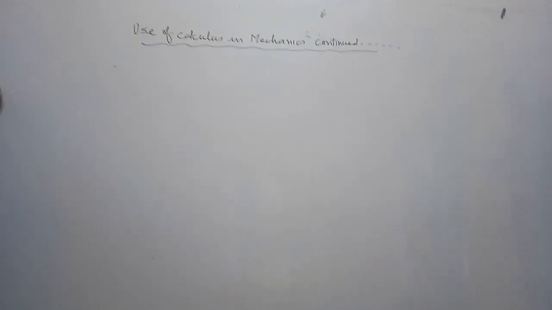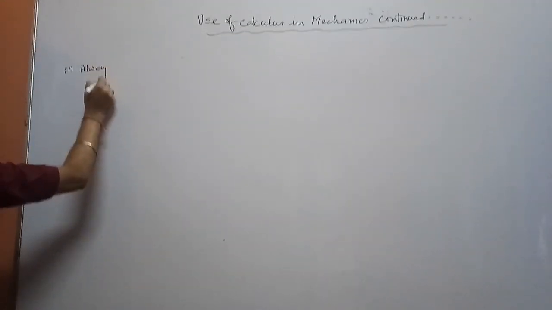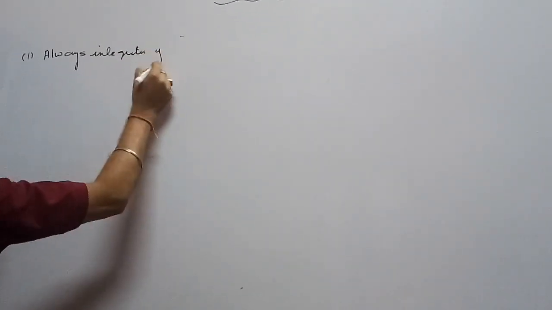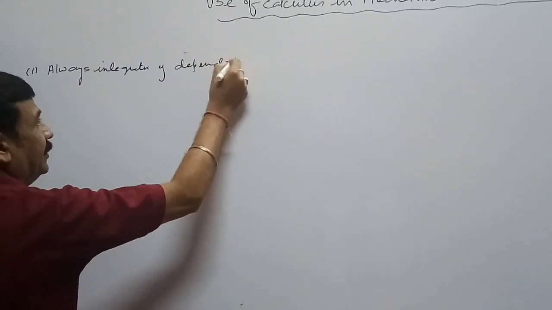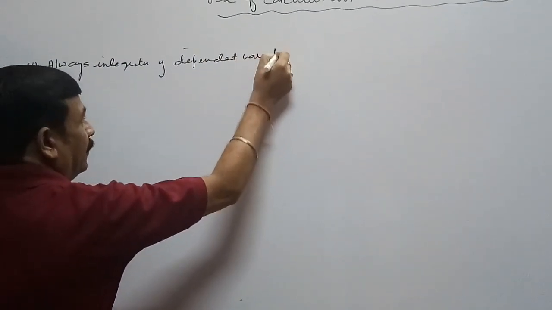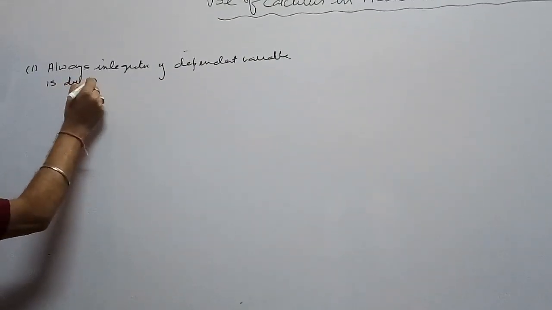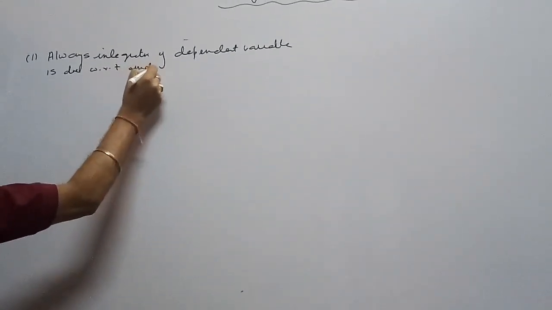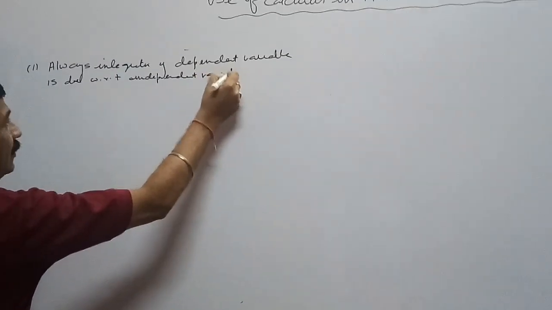Rule number 1 of integration: always, integration of the dependent variable is done with respect to the independent variable.